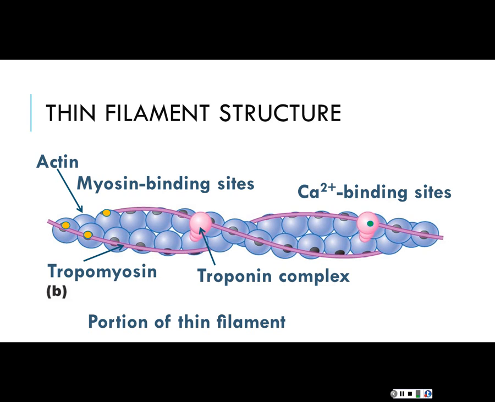If calcium's available, it binds to troponin and changes that molecule's shape, and so its function. When calcium binds to troponin, it pulls back what? Tropomyosin, exposing the binding sites on the actin molecules.